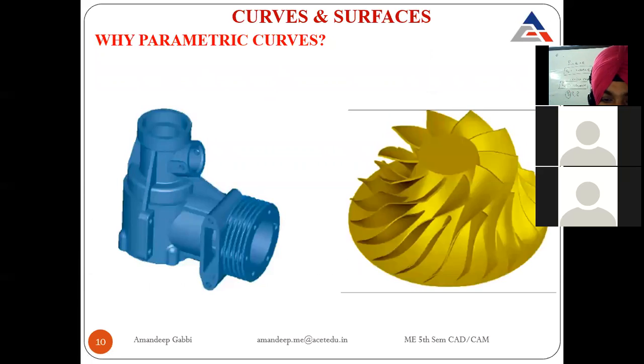Now let me show you some diagrams or figures. These are the curves of a rotor of, say, a turbine, the runner of a turbine. You can see the curves on this blade that cannot be generated with the help of, say, a simple circle or a line.